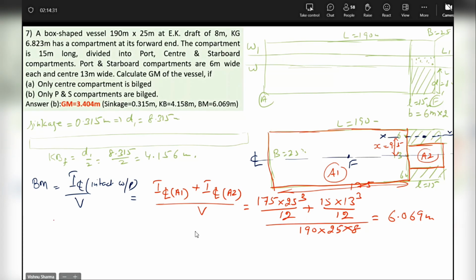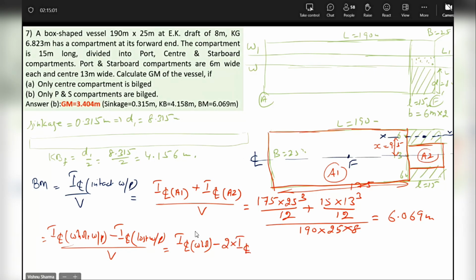So now, beta, it will be equal to ICL of the whole water plane minus ICL of the lost water plane by volume of displacement. This will be equal to ICL of the whole, I'm just going to simplify it here, minus 2 into ICL of one side tank, one side area upon volume.